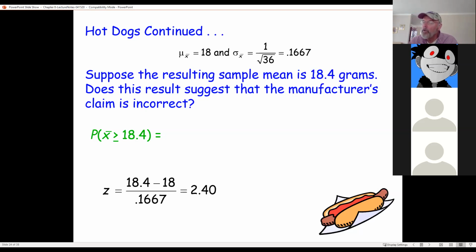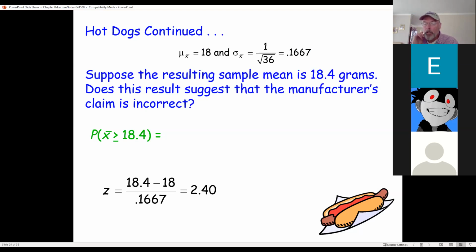Is that a large or a small z-score? Pretty large, I would agree. It's really out there on the right tail.